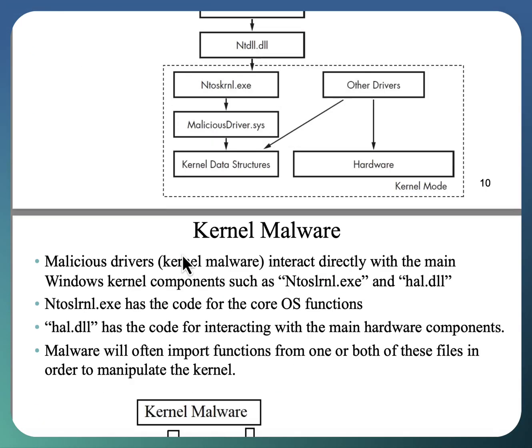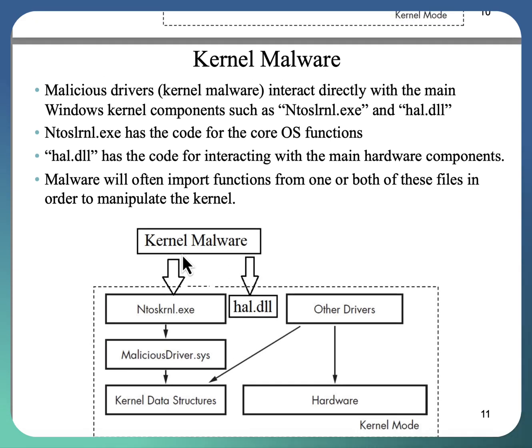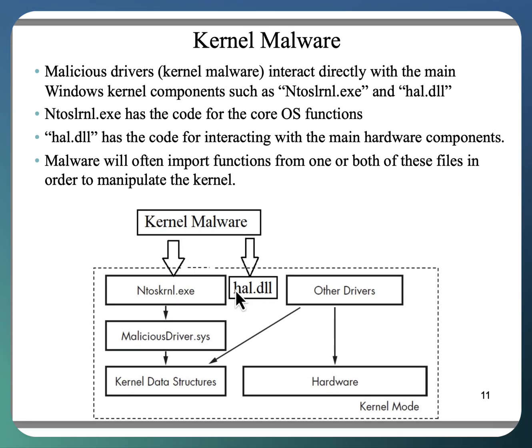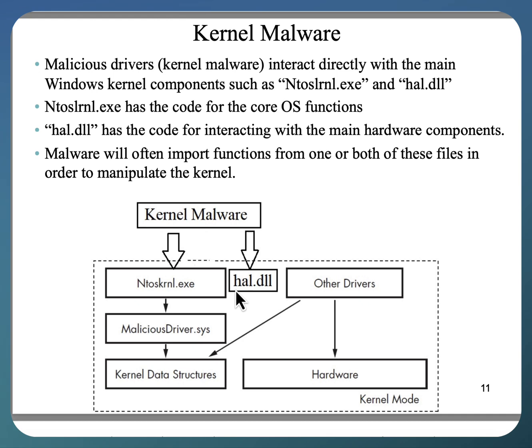Again, if we consider that the kernel is the core of the operating system, if you see an application or a malware that is a kernel application or a kernel malware, that means that application is directly interacting with the hardware, or at least it is capable of sending instructions to very important system drivers or system libraries that are going to interact with the hardware.